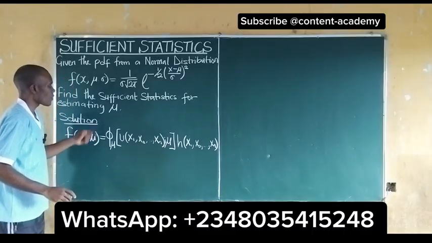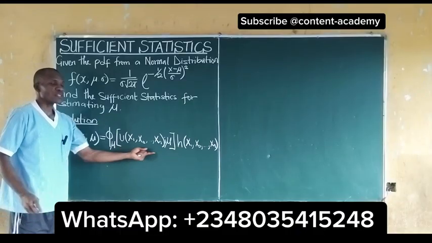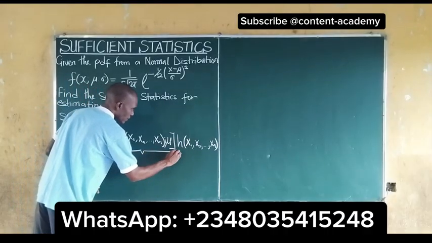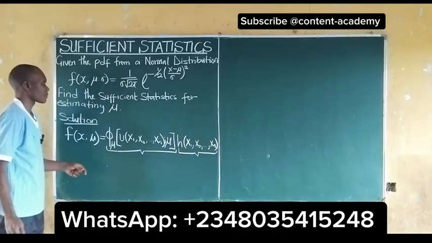So, for a statistic to be sufficient, it must be able to be factored out into these two components. This is the first component, and this is the second component.